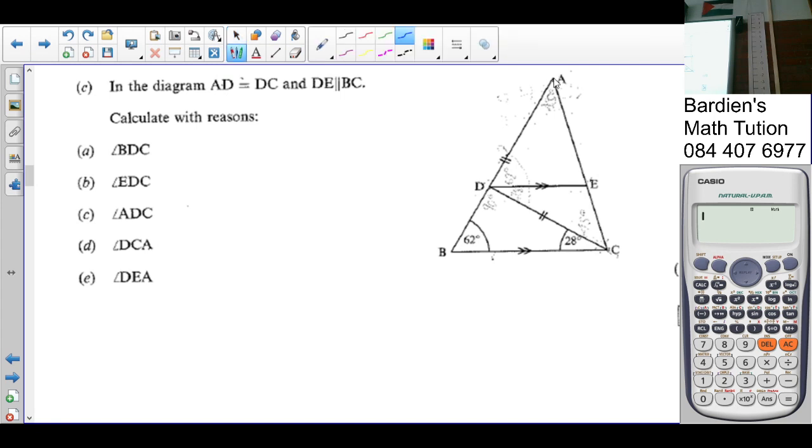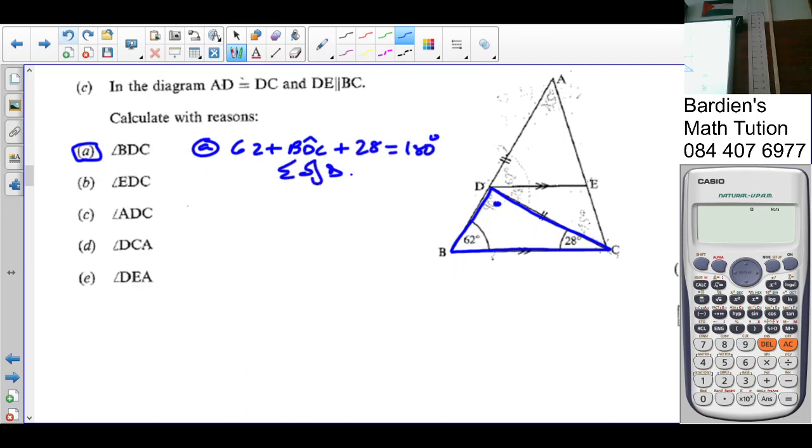Alright, let's answer the questions. Calculate, with the reason, BDC. You're too fast, Michael. But nice. BDC. So we will go sum of triangles. It's going to go 62 plus BDC plus 28 equals 180. Why?